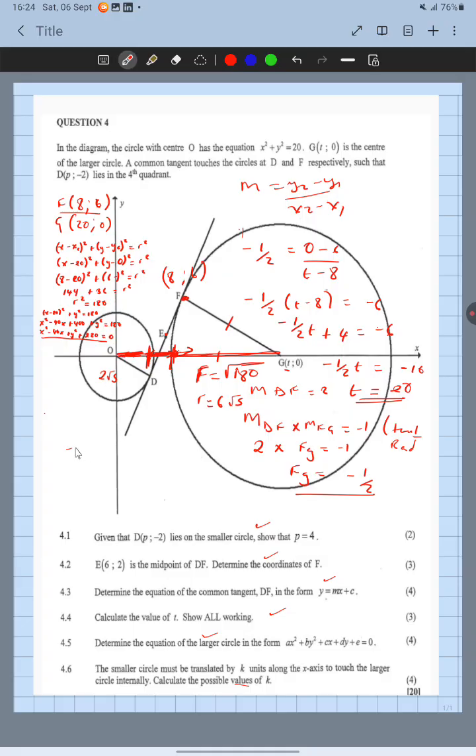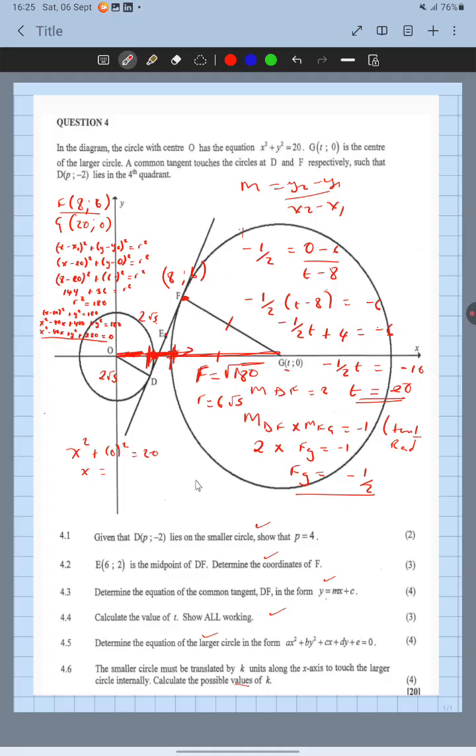X squared plus y squared is equal to 20. So x squared plus 0 squared is equal to 20, so our x value will be 2 root 5.